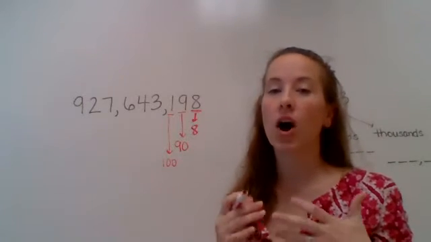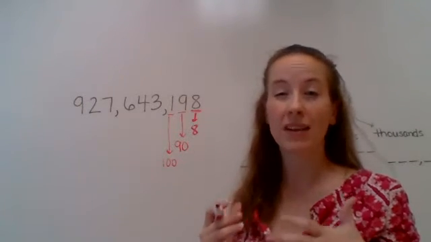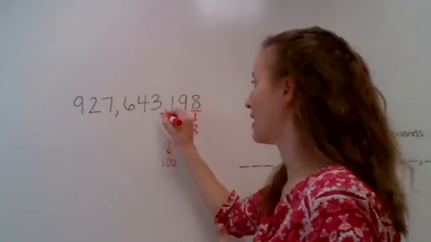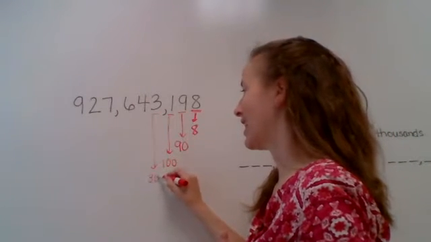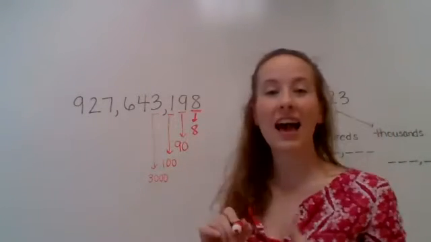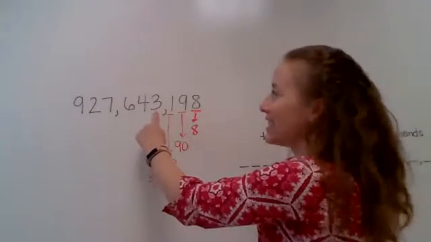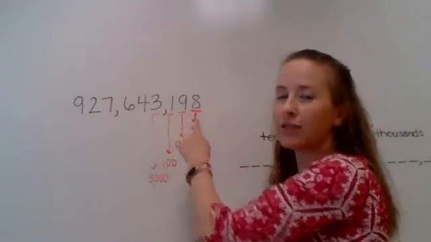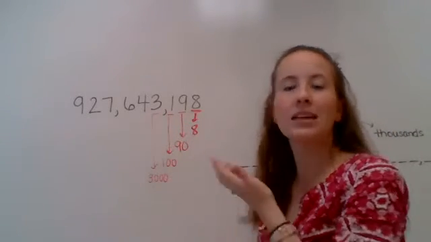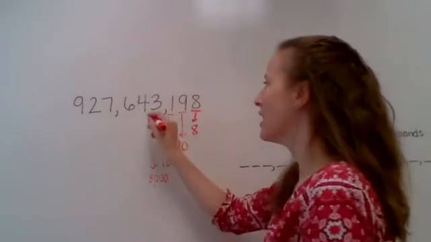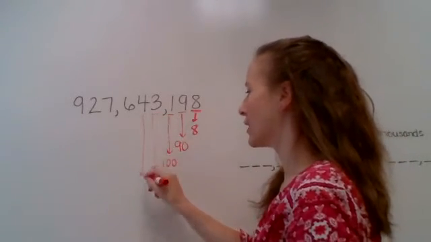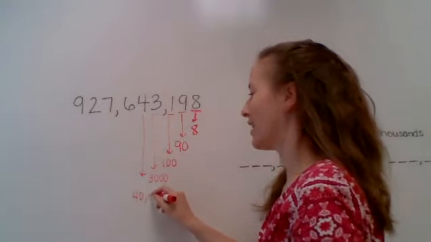I could do this for all of the rest of the number, and I'll do it really quickly just so that you can see. This 3 is really worth 3,000. And a great way to think of that is I take the 3 and everything after it would turn into a 0 because I don't care about those places when I'm only looking at the 3. The 4 is really worth 40,000.